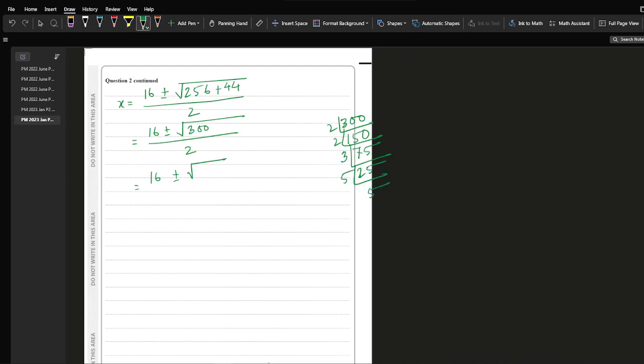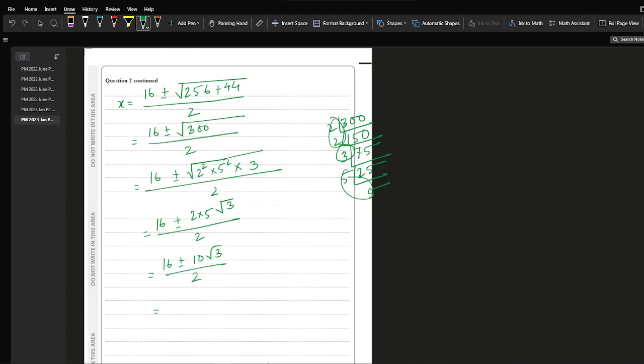So that means you can write it like this: 2 squared, 5 squared, times the remaining 3, divided by 2. So 16 plus or minus 2 times 5 comes out, and then you have the 3 inside, divided by 2. 16 plus or minus 10 root 3, same as what we got on the calculator.